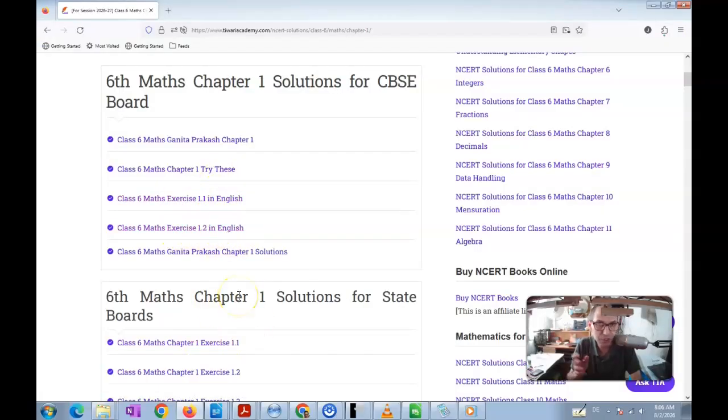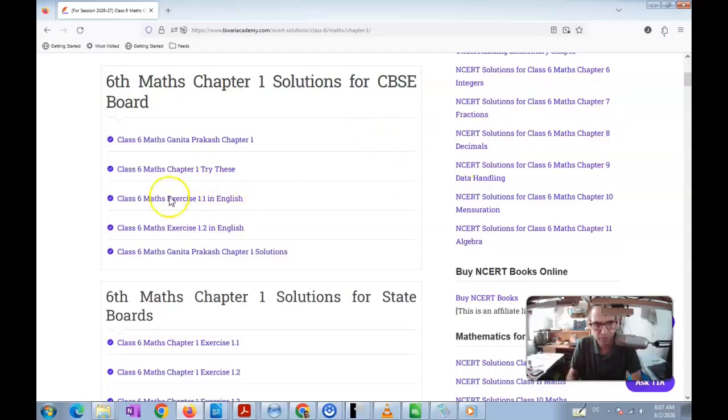There is also Hindi, so you don't want to read in Hindi. And then on this list there is class 6 math Ganita Prakash chapter 1 solutions. Again, this Ganita Prakash is the solutions for chapter 1 of the updated new textbooks, and that's not the textbook that we are working on. We are working on the older textbooks.